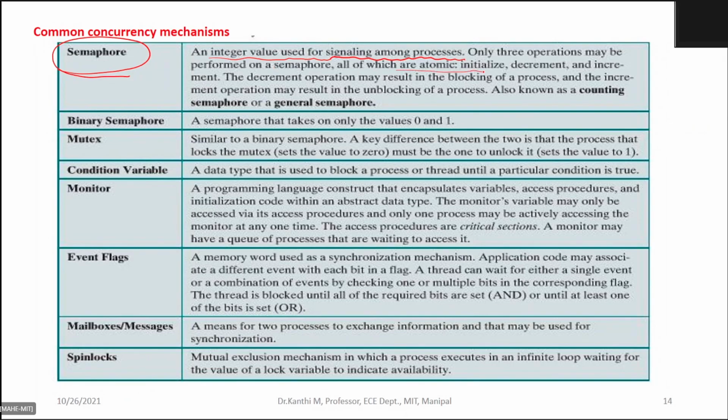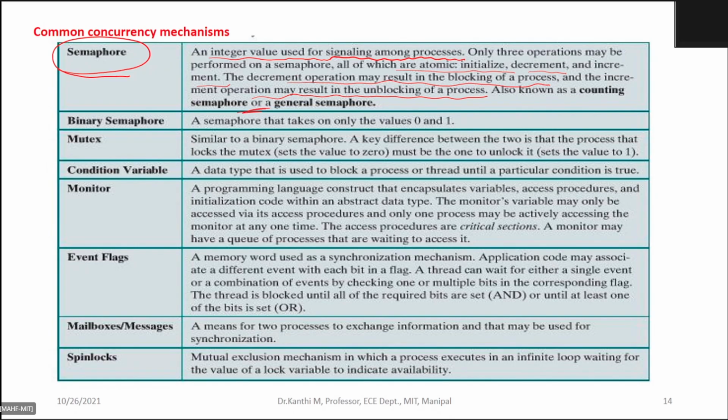They are initialize, decrement, and increment. The decrement operation may result in the blocking of a process, and the increment operation may result in the unblocking of a process. Also, you have a counting semaphore, or you have a binary semaphore.